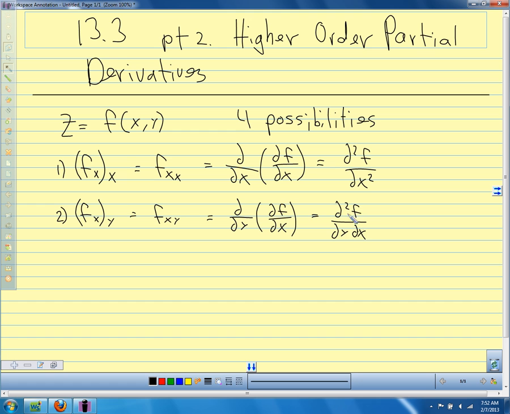So notice when we use the d symbols, the order in the denominator is opposite the order that we use here. So this is telling us that we're taking the partial with respect to x first, and then the partial with respect to y. So it's related to this notation.